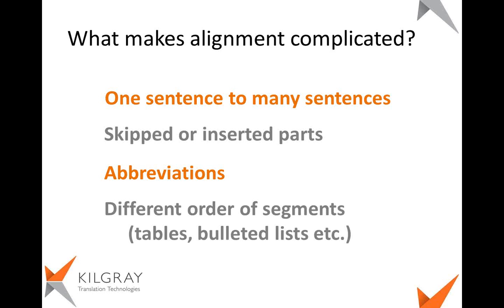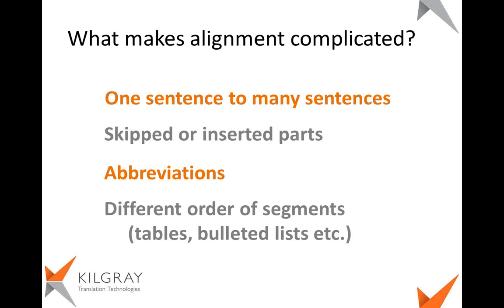But that is not only the language, and that is not always the language. It can also be the difference in the file format. For instance, you are aligning an InDesign document to a Word document, where the order of the table cells could be represented in a different order. And this is again something that the computer has to recognize. And sometimes it succeeds, sometimes it doesn't.